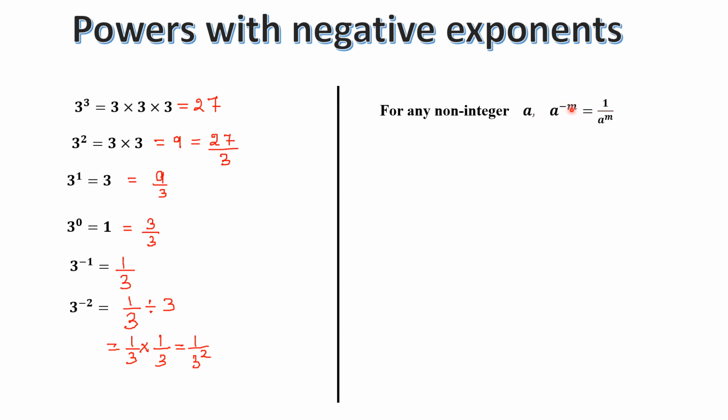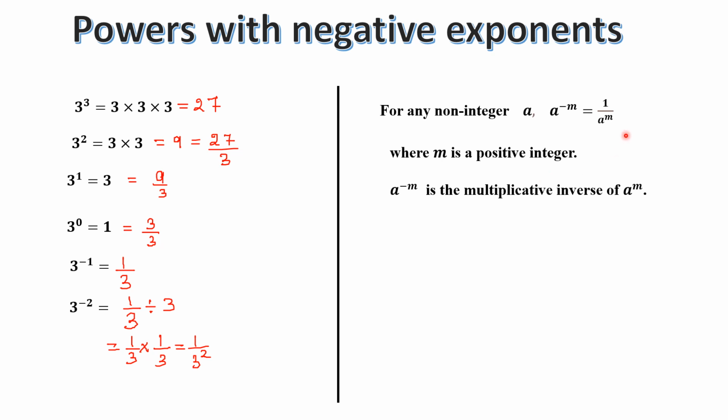So if it is a negative sign, you have to write the reciprocal of it, where m is a positive integer. And we can say that a to the power minus m is the multiplicative inverse of a to the power m. Now, what is the meaning of multiplicative inverse? We have another name also for the multiplicative inverse, which we call reciprocal, isn't it? So, reciprocal of a to the power minus m is a to the power m.